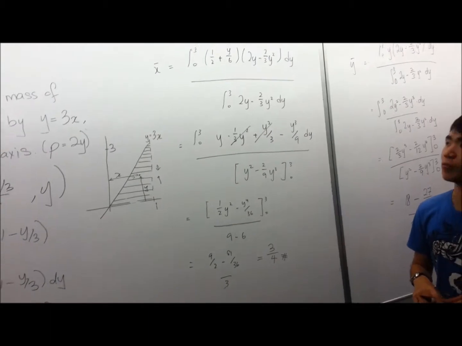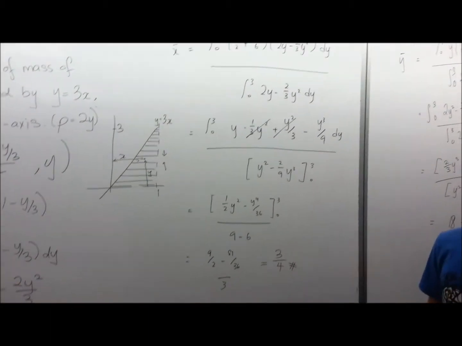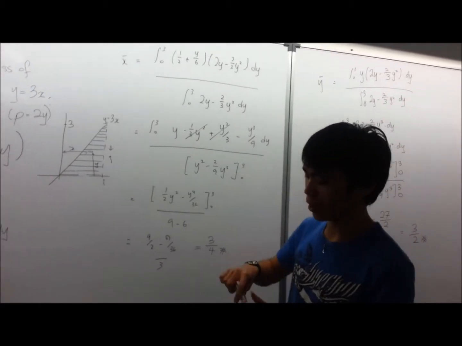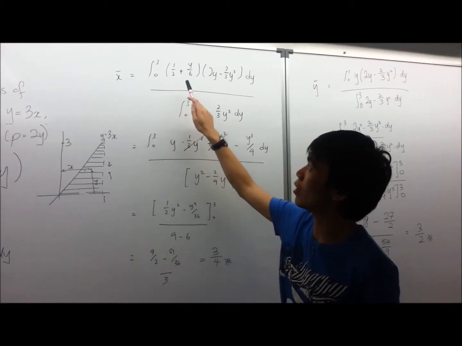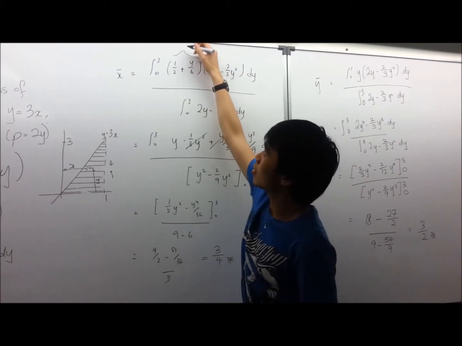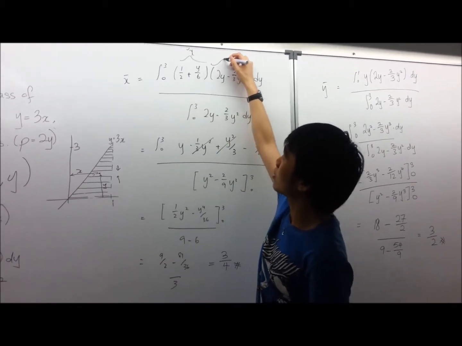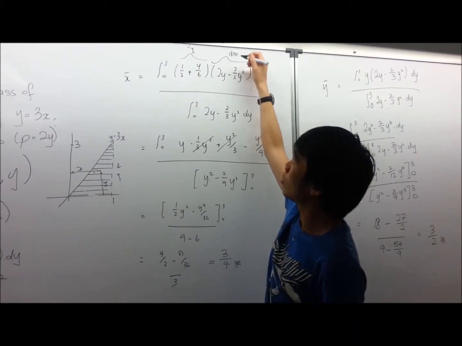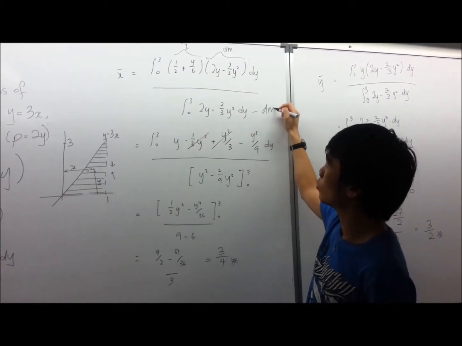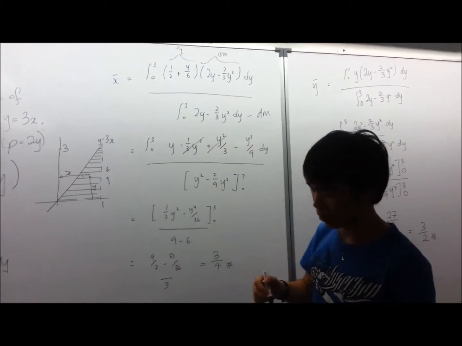Here is the way to get x bar. As we know, x bar is the integration of x curl times dm over the integration of dm, which will give you the mass.